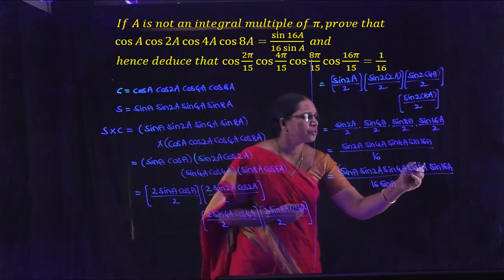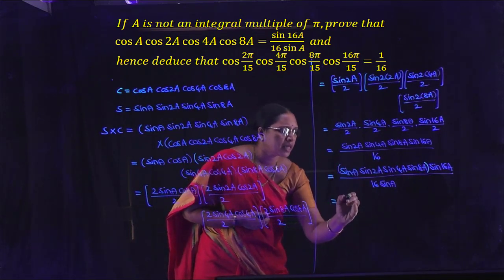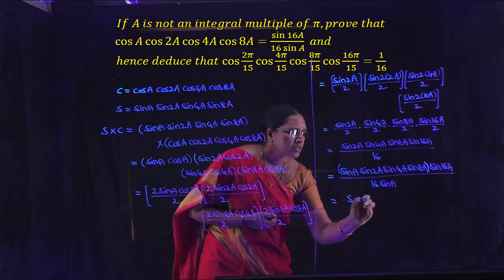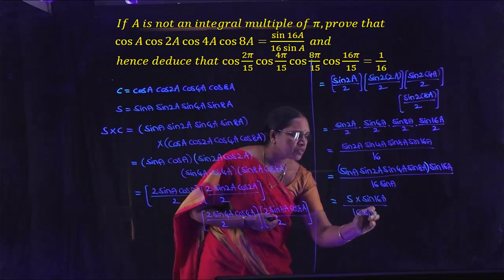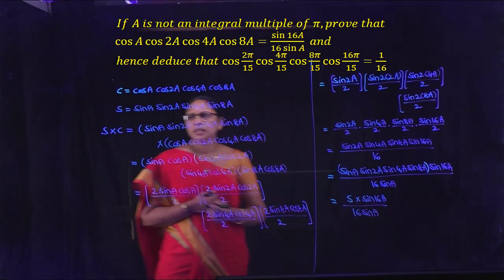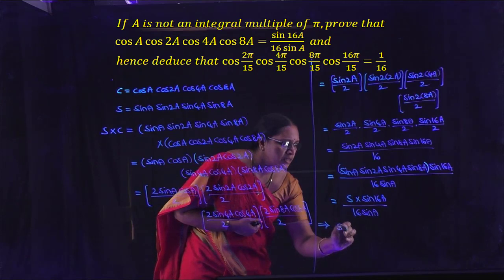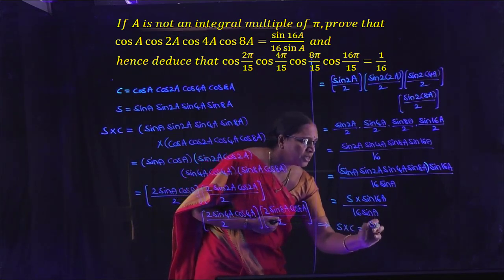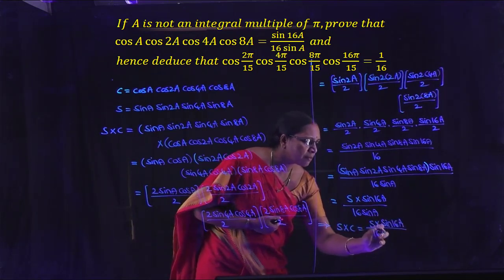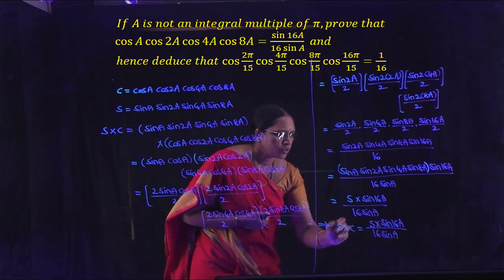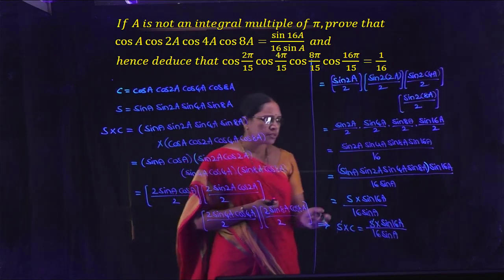We can substitute this by S into sin 16A by 16 sin A. Here the LHS is S into C. This implies S into C is equal to S into sin 16A by 16 sin A. Both sides S get cancelled. Here C is equal to sin 16A by 16 sin A.